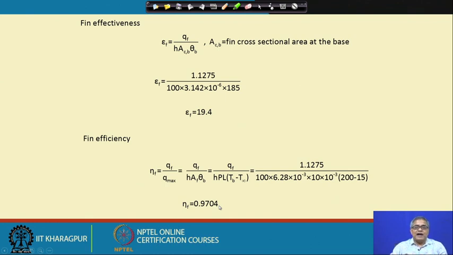Suppose we decide to use this geometry from some other consideration, then our fin design for this case, meaning the length of the fin, the material of the fin, etc., we have selected in such a way that we are getting 97% capability of an ideal fin. So, really one can think that this design is good. So, time to time we have to calculate the effectiveness and the efficiency of the fin to check whether we have done a good job or not.